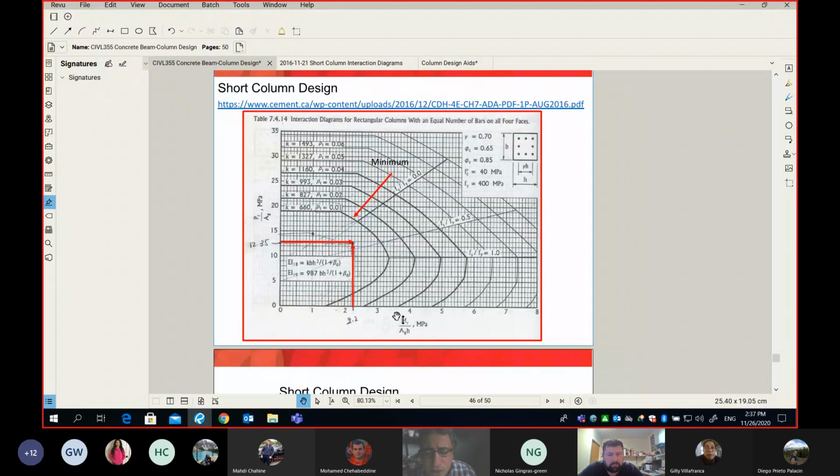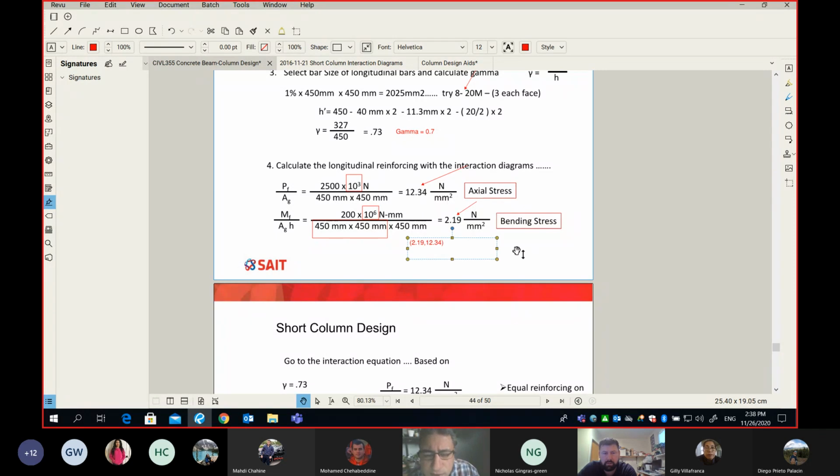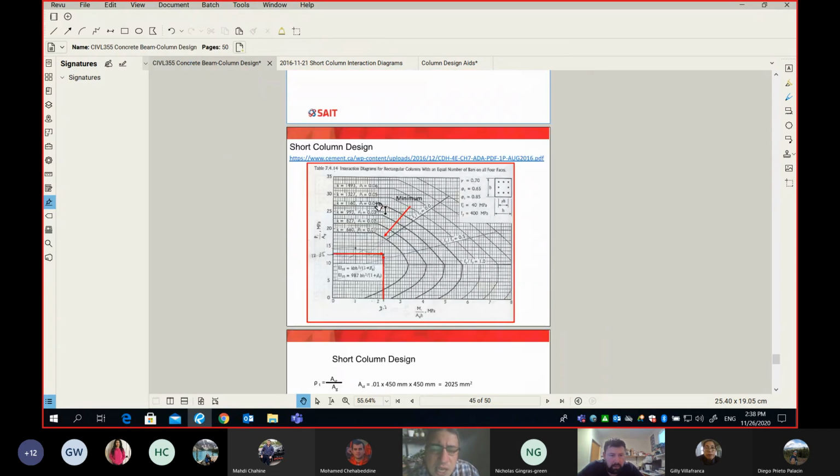Think about those numbers as a pair of coordinates. This one is your x, and this one is your y. I will write it down: the point is 2.19 comma 12.34, that's x and y. What you do is represent this point on your interaction diagram.